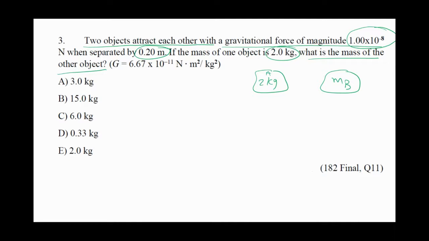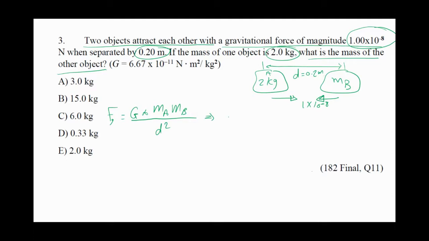The distance between them, of course the distance between the centers, is 0.2 meter, and the force of attraction is 1 times 10 to the power of negative 8. So I will use the same equation. F equals big G times the first mass times second mass divided by the distance square.